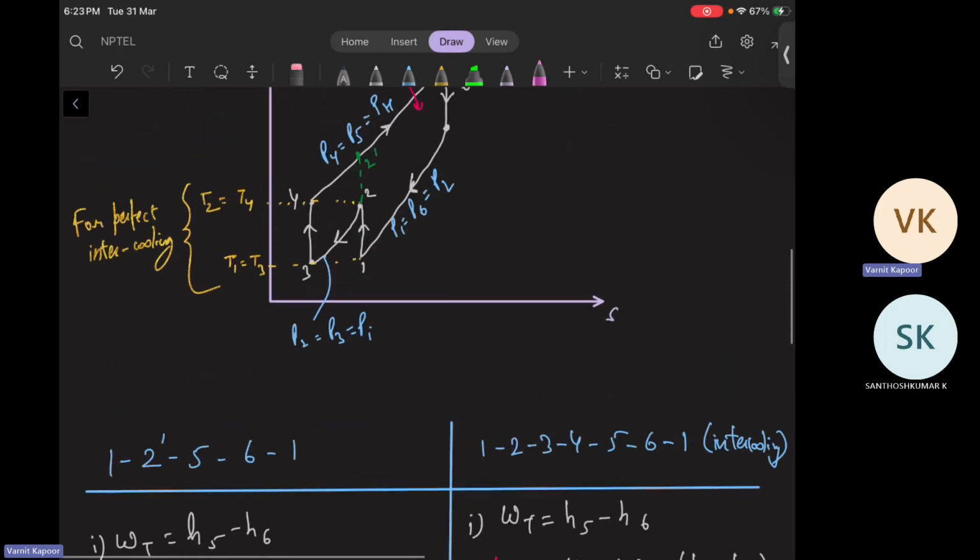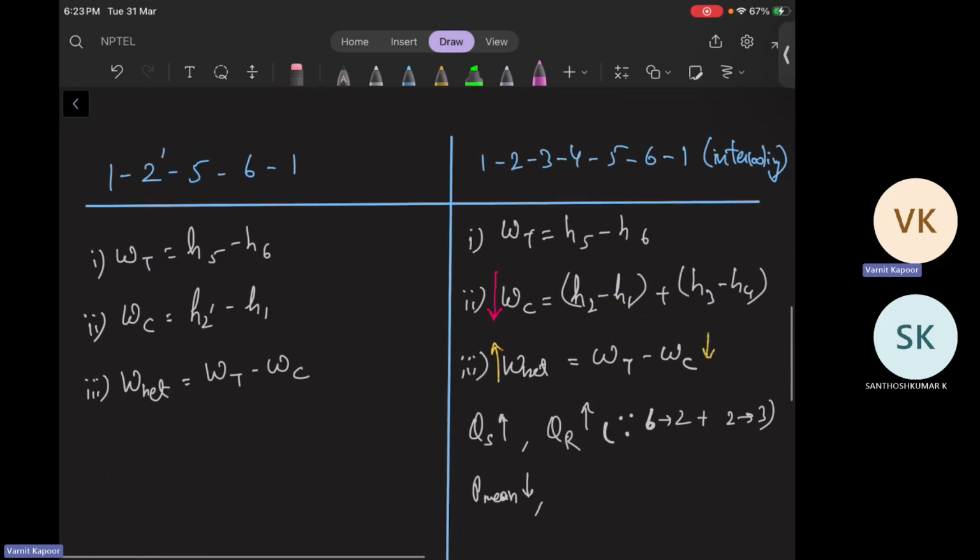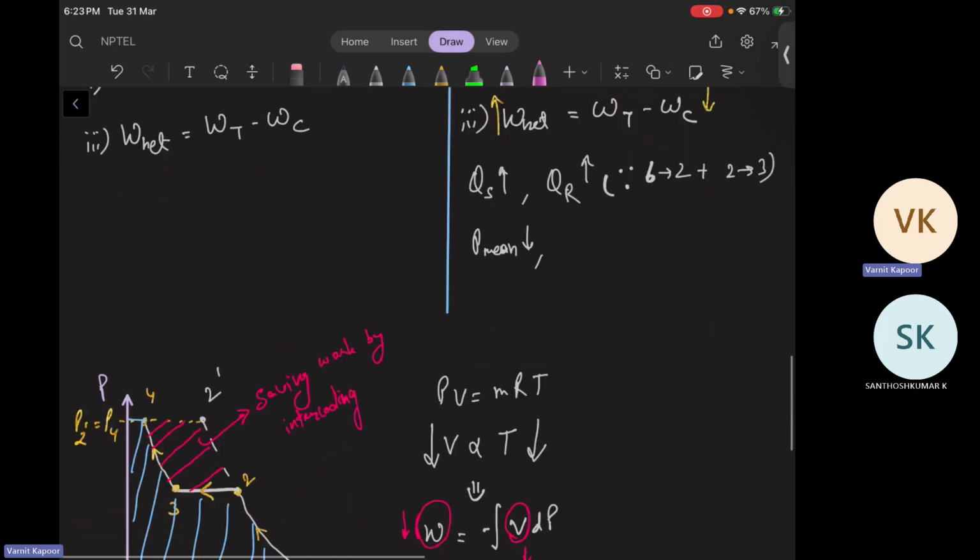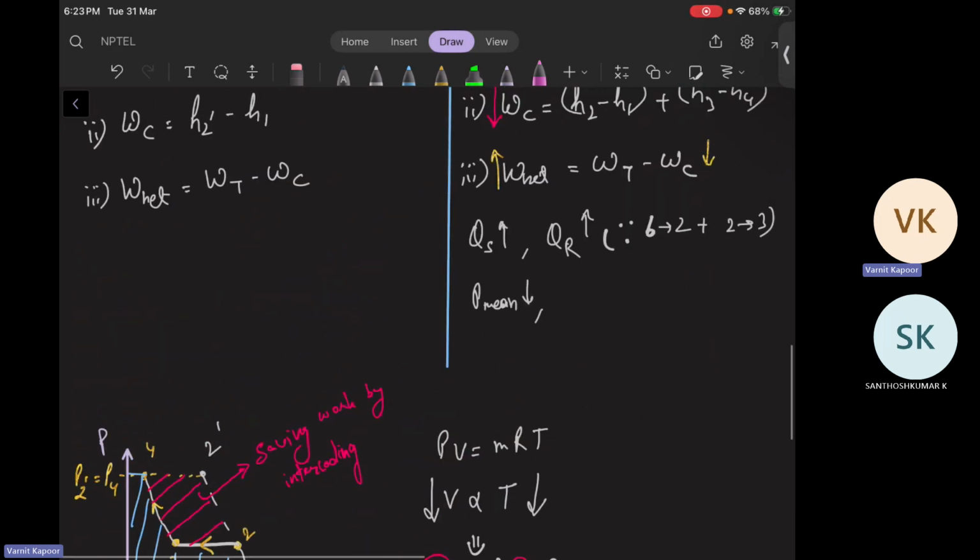Earlier the pressure ratio was from 1 to 2 dash; now it is from 1 to 2, then 3 to 4, which is lesser than 2 dash to 1. So the efficiency of the cycle is also going to decrease, since the pressure ratio will decrease.